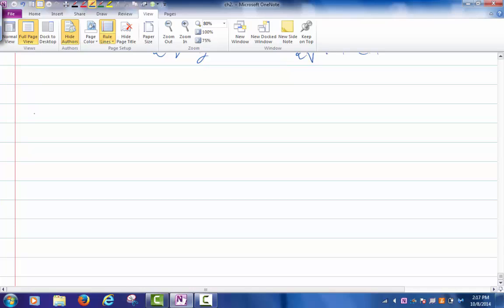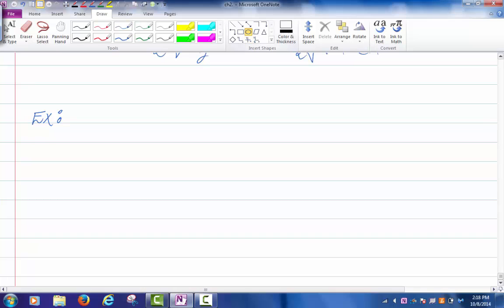Here's an example. Suppose that you have the following situation. You have an expanding disk. Let's use r to denote the radius, and let's denote by A the area of the disk.